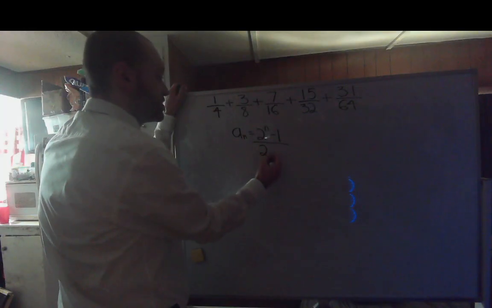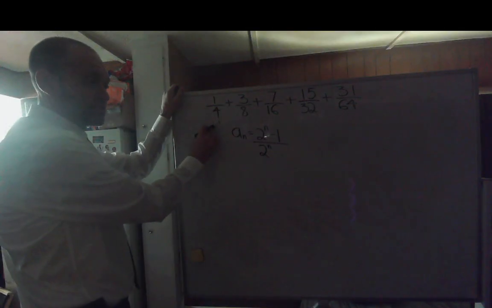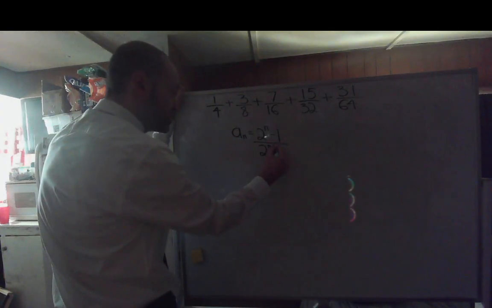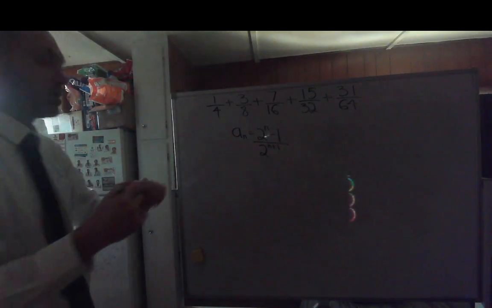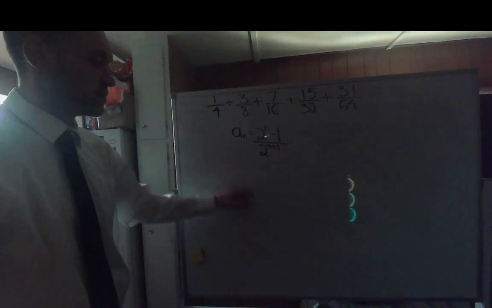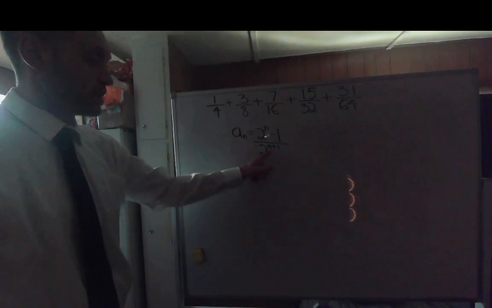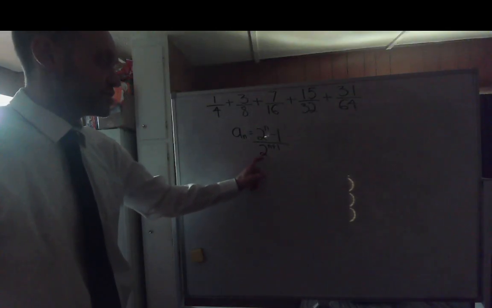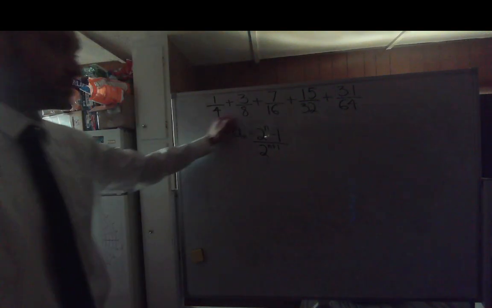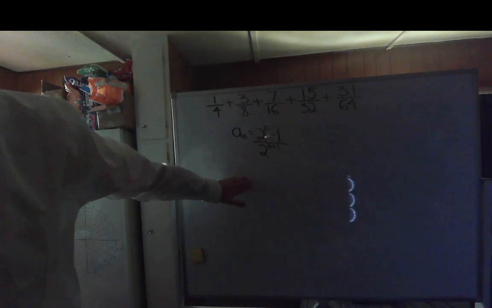It's definitely 2 to the n, but if the first term yields a 4, the second yields an 8, the third yields a 16, that's actually going to be 2 to the n plus 1 power. Because 1 plus 1 is 2, 2 squared is 4, 2 plus 1 is 3, 2 to the third is 8, 3 plus 1 is 4, well, 2 to the fourth is 16, and you see how this builds in the denominator. So we found the formula for our sequence.